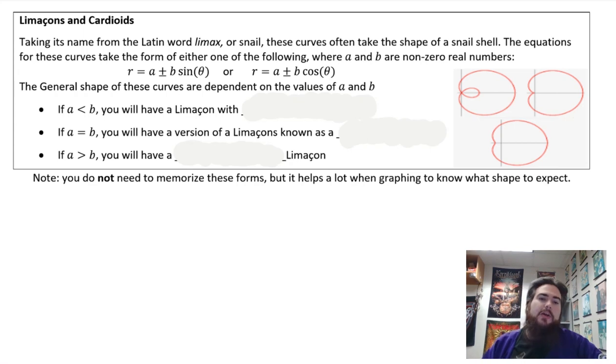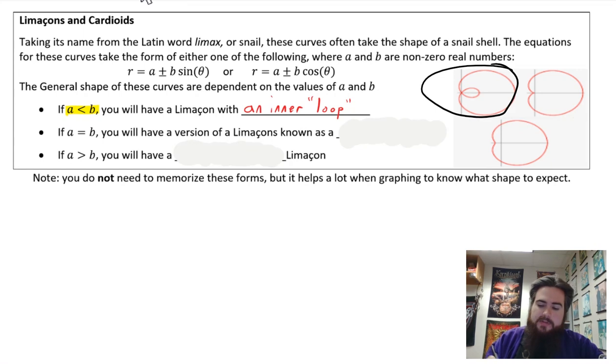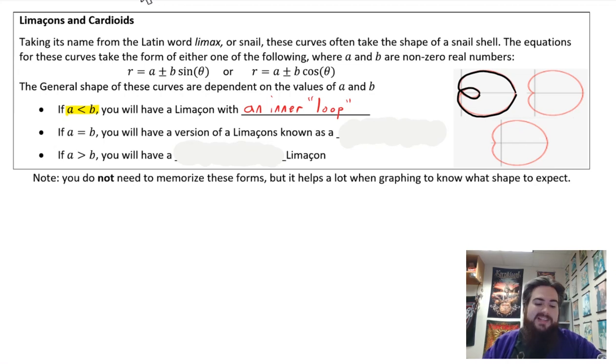If you compare the constant term a to the coefficient on your trig function b, and if a is less than b, you will have a limacon with an inner loop, meaning a limacon that, for example, takes a shape such as this, where the curve comes inward, intersects through the origin, or the pole, to create an inside loop. This is what will happen if your constant term is less than the coefficient on your trig function.